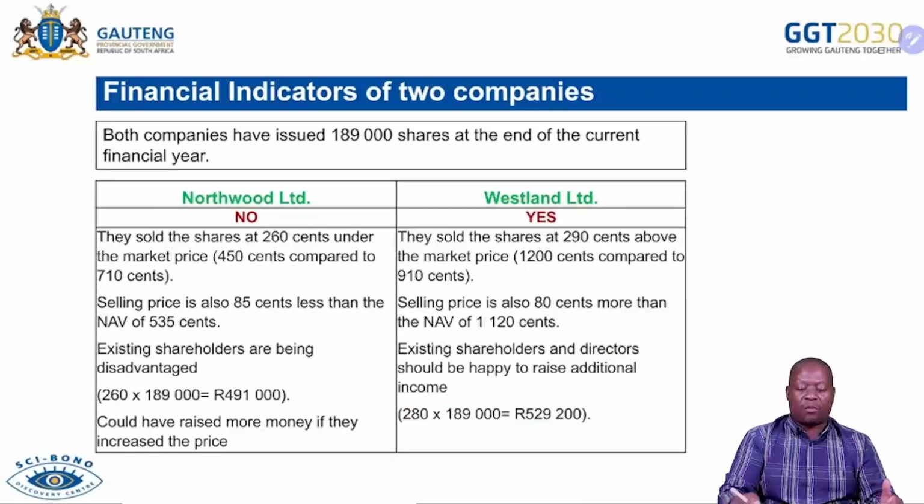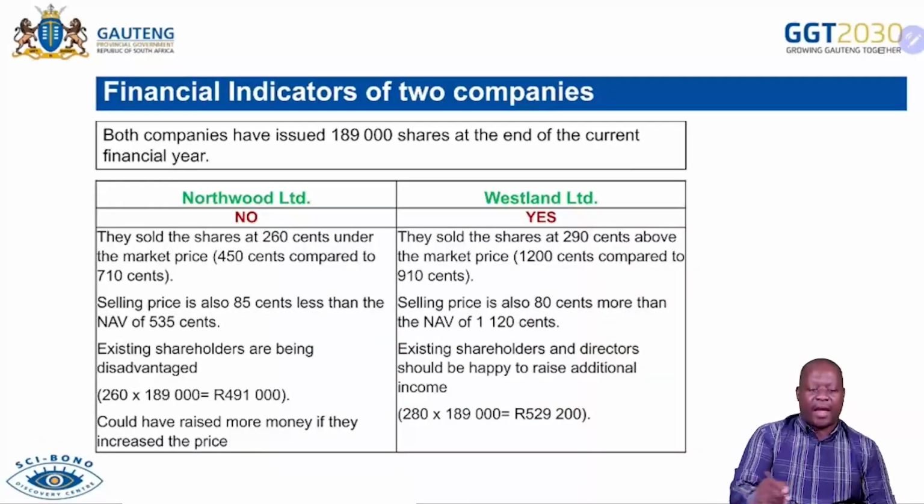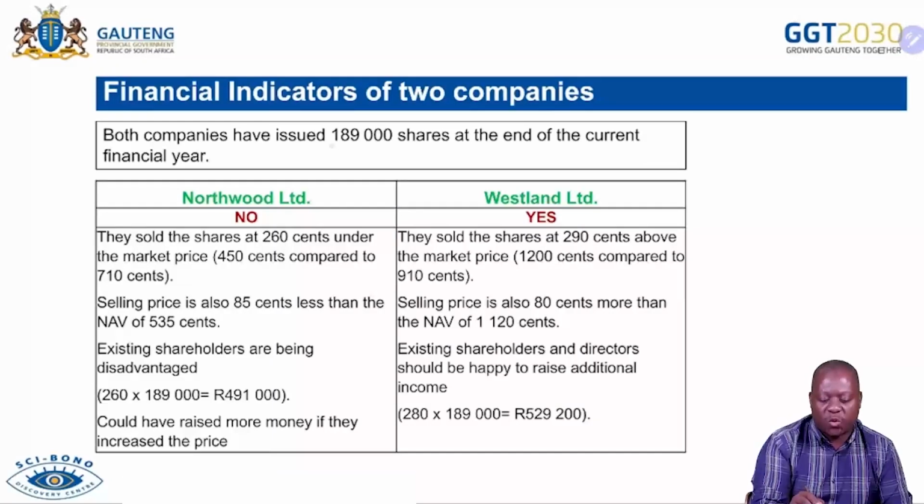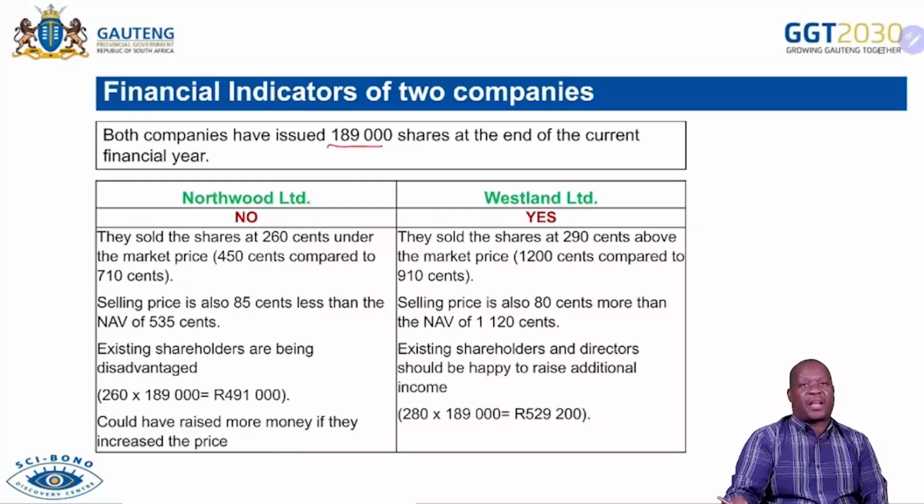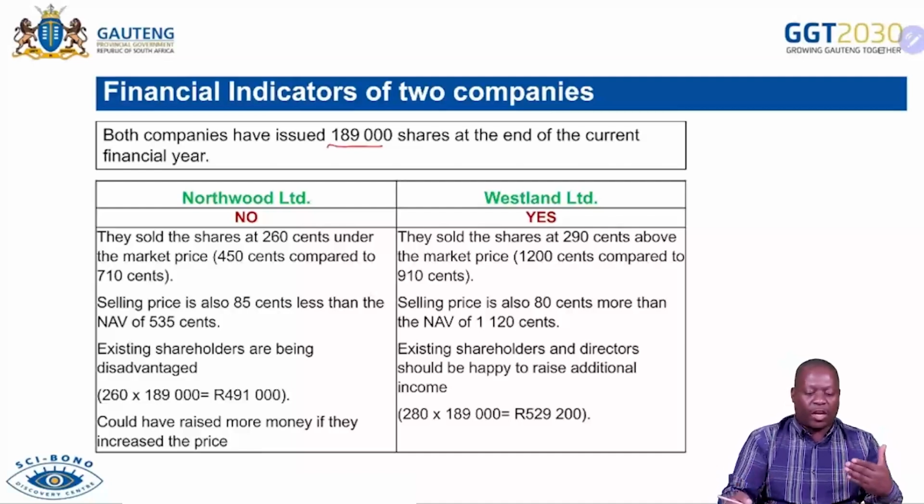From what we can see, both companies have issued 189,000 shares at the end of the current financial year. Now let's look into which company makes sense.